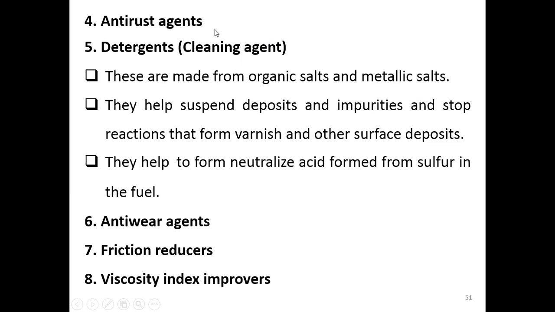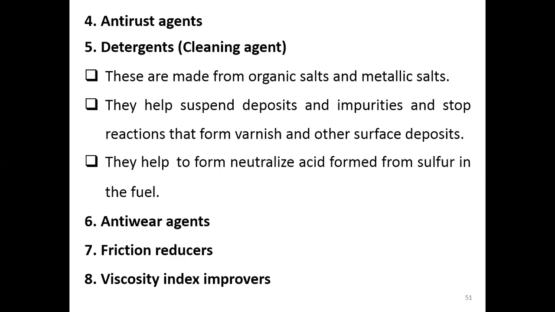It helps cleaning by suspending the deposits. Suspending the deposits means we don't allow the deposits to happen, and also no impurities. And it stops the reactions that will form varnish or dirty surfaces on the engine components and other surface deposits.